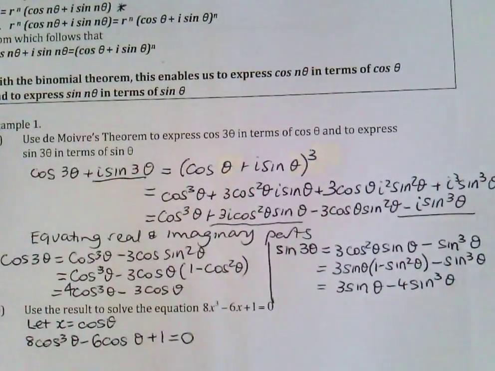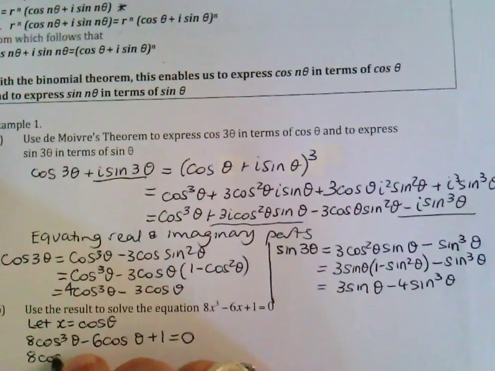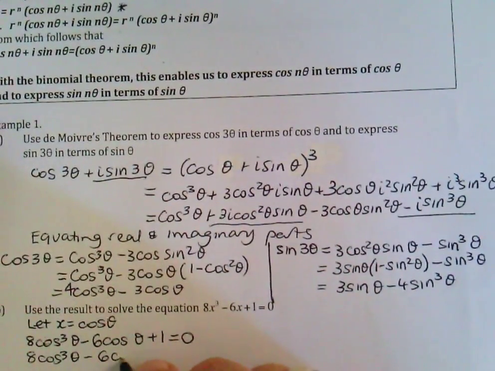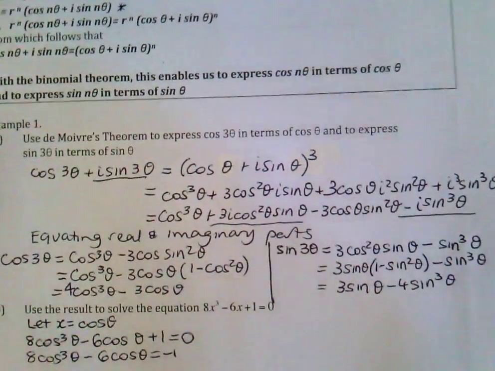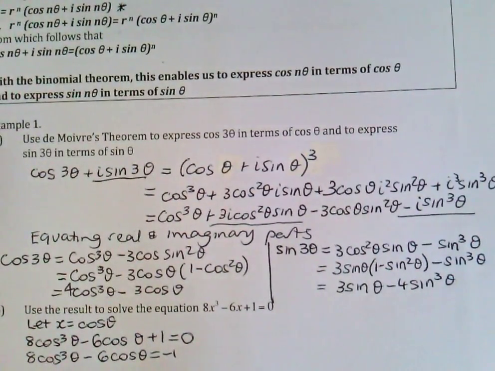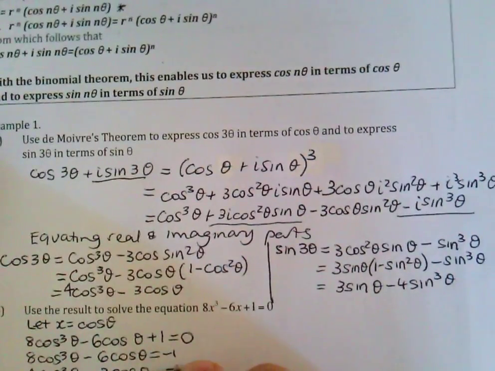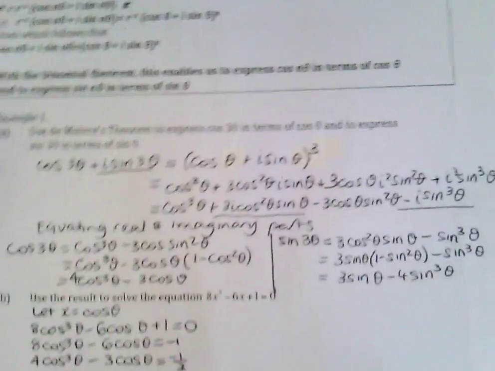I'm going to rearrange the equation. So I've got 8 cos cubed theta minus 6 cos theta equals negative 1. And if I divide both sides of the equation by 2, I get 4 cos cubed theta minus 3 cos theta equals negative a half.